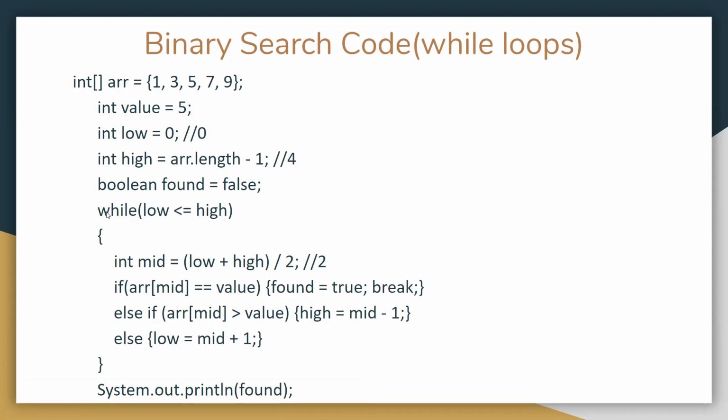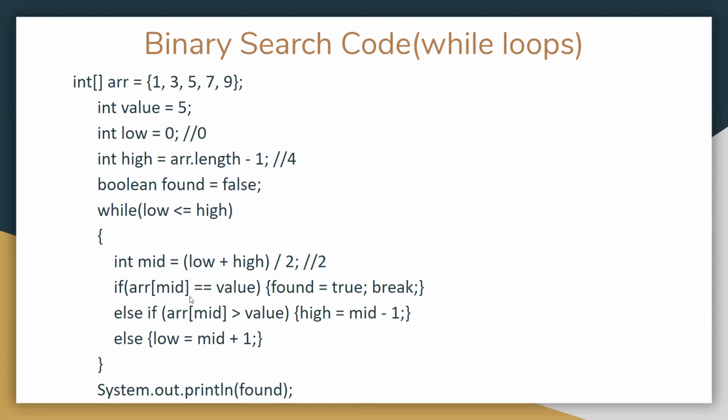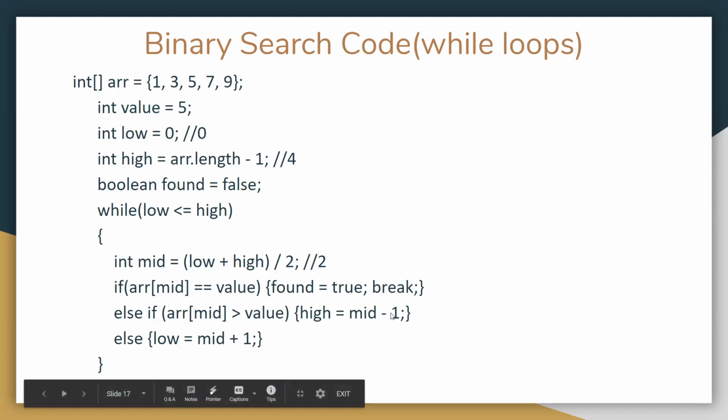So you can see the while loop part, while low is less than or equal to high. We're setting mid here as low plus high divided by 2. And then you can see it's similar to what we had before. If array mid is equal to value, then we set found to true because we found the value, and then we break. Also, if AR mid is greater than the value, then we do high equals mid minus 1.